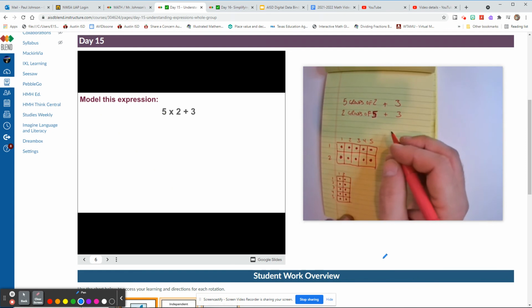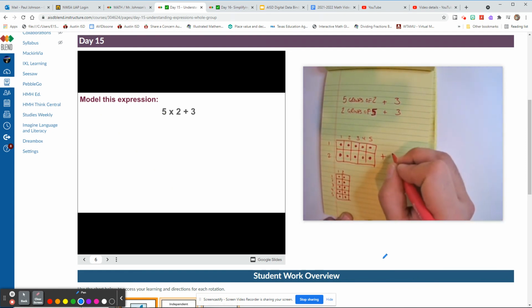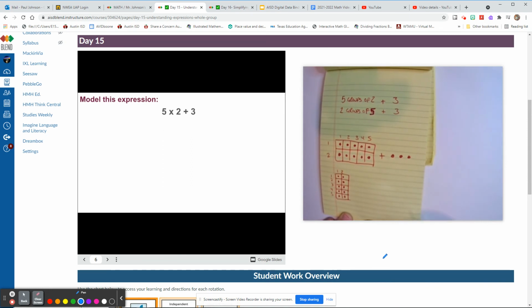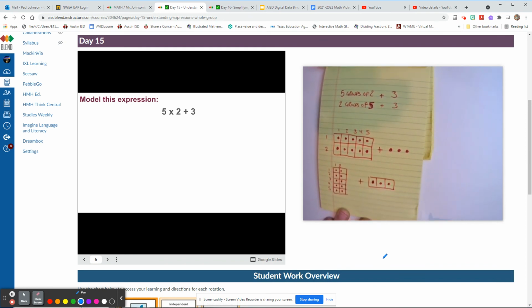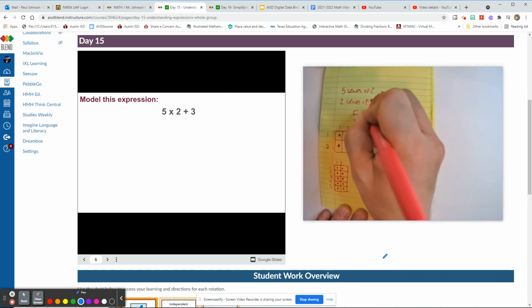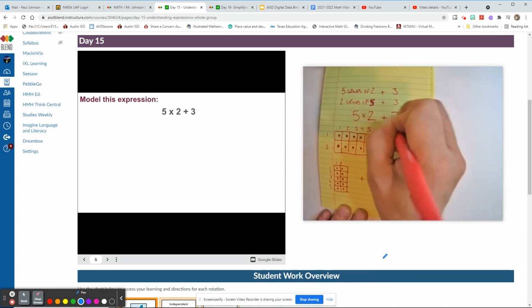And then plus 3 can be as simple as adding 3 more, or 1 group of 3. So this is the problem, 5 times 2 plus 3.